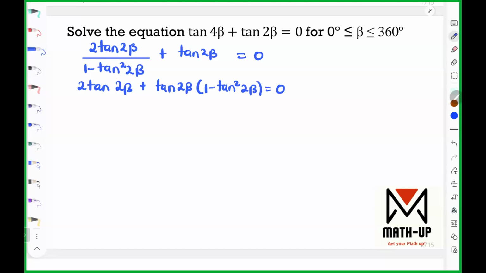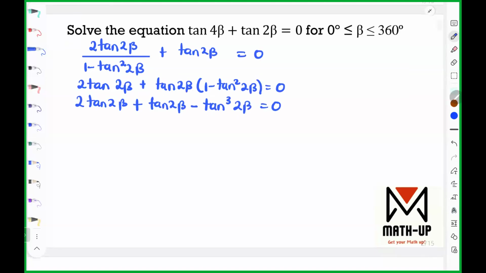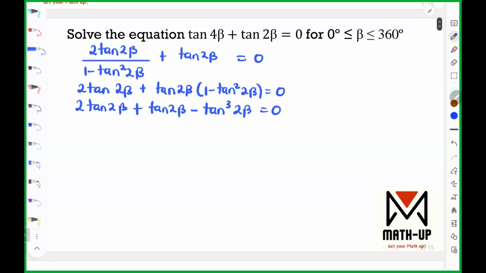So when I open these brackets, I'll have 2 tan 2 beta plus tan 2 beta minus tan cubed 2 beta being equal to 0. Tan 2 beta times tan squared 2 beta will give us a tan cubed 2 beta. So when I add tan 2 beta to 2 tan 2 beta, I'll get 3 tan 2 beta.